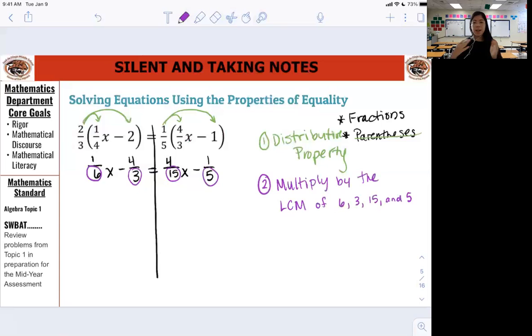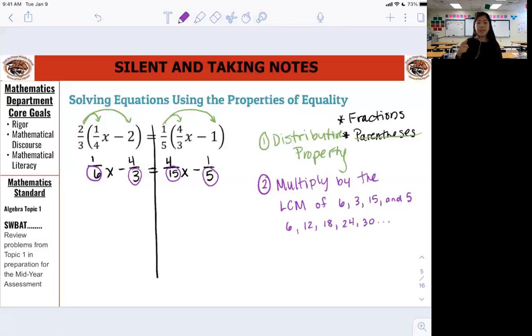So let's do a quick review of LCM. The least common multiple is if I list out, so let's list out the multiples of 6. 6 times 1 is 6, then I have 12, then I have 18, and I keep going, 24, 30, and so on. You want to find the first number that they all have in common. Some of you already know it, I see it in the chat already.